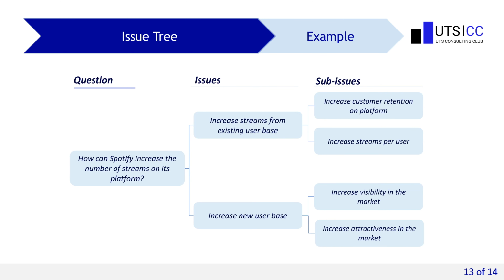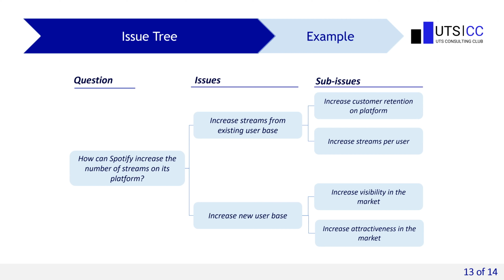To apply this in a real-life business context, here is a very basic example of an issue tree. First, start off with the problem statement. How can Spotify increase the number of streams on its platform? Break that down into 2 mutually exclusive drivers. Increase streams from existing user base and increase new user base.